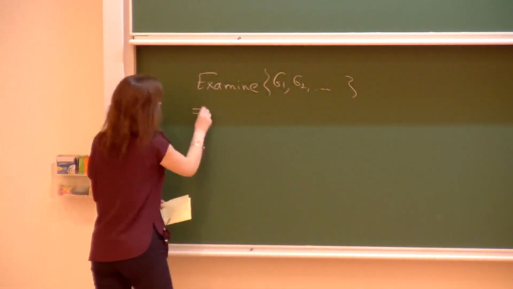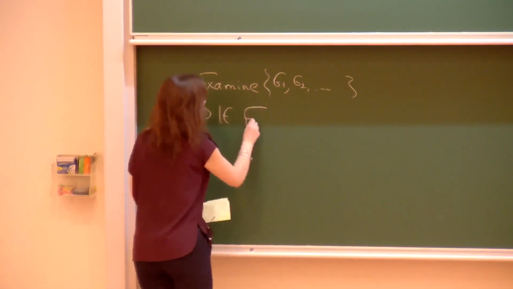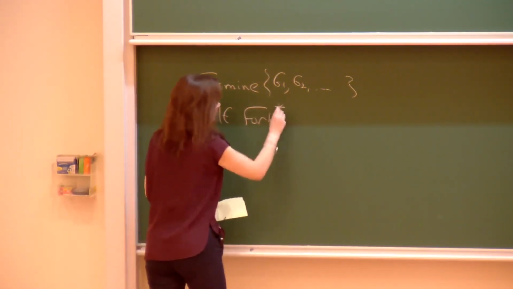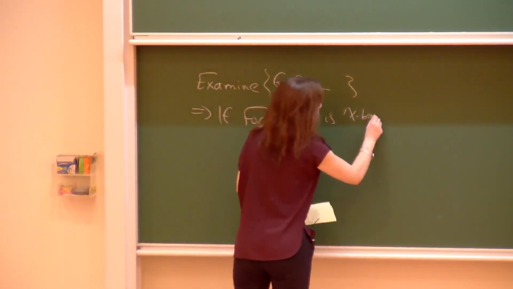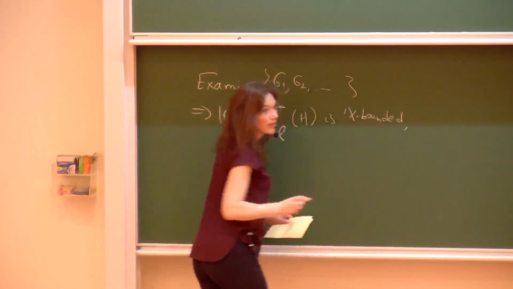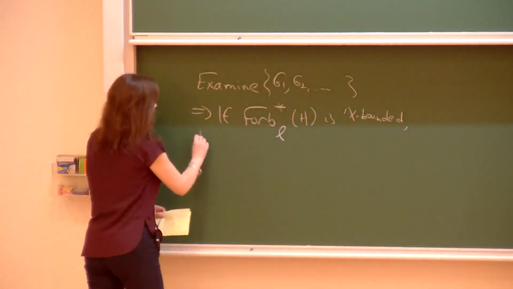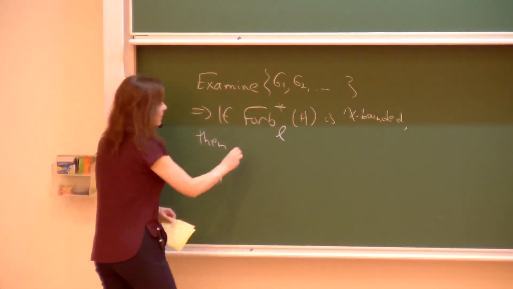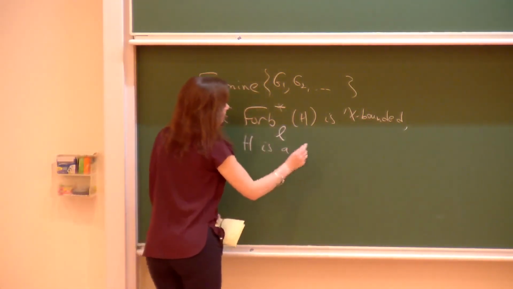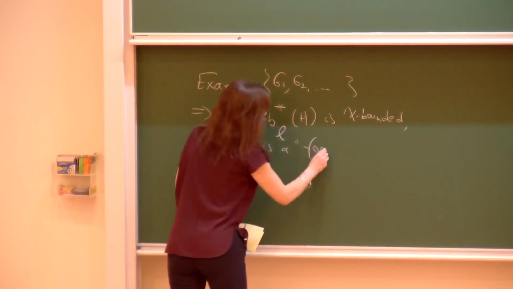It turns out that if Forb star L of H is chi-bounded, then you can say a lot of things about H. You can construct H explicitly. I'll give it a name and then I'll tell you what it means. Then H is what we call a forest of chandeliers.